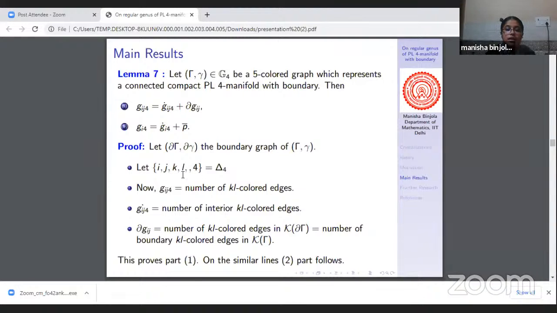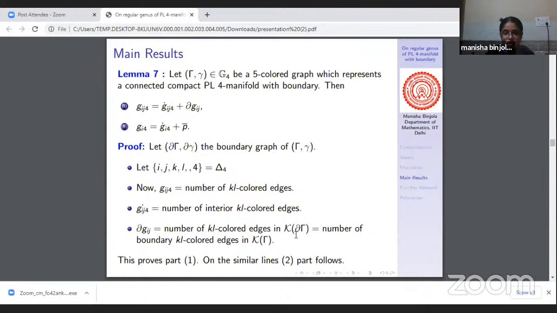Now Gij4 equals K of KL. So Gij4 denotes the number of KL colored edges, and G dot Ij4, the notation is for the number of regular components. So G dot Ij4 equals the number of interior KL colored edges. Now this del Gij equals the number of KL colored edges in K of boundary gamma.